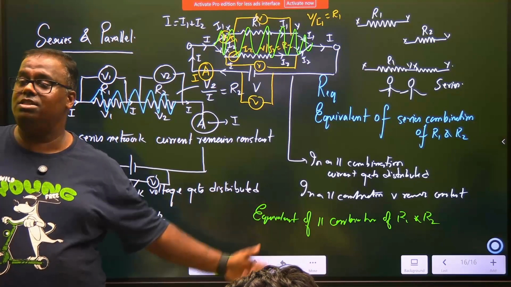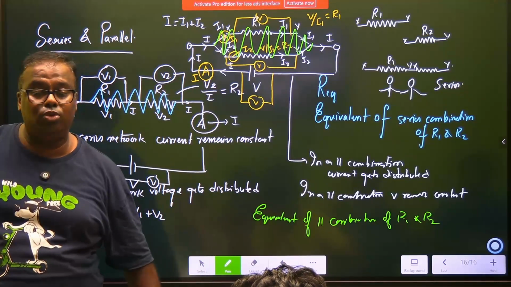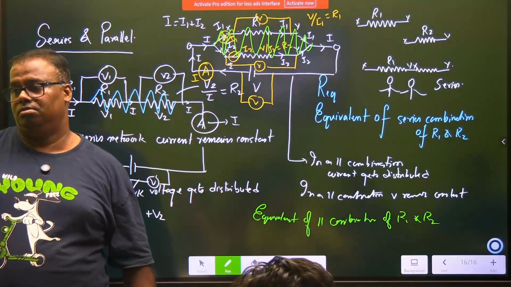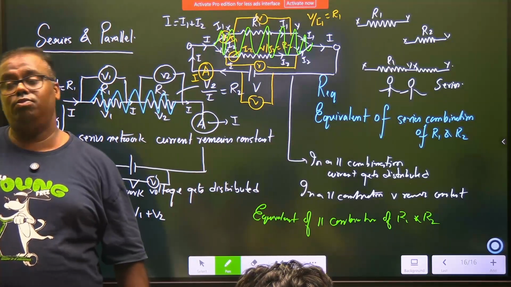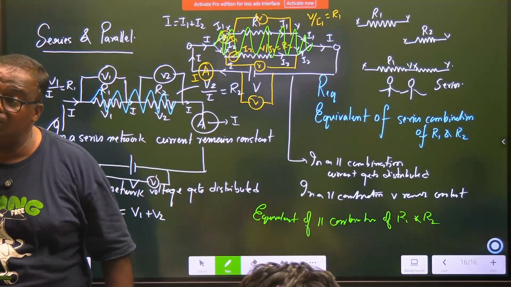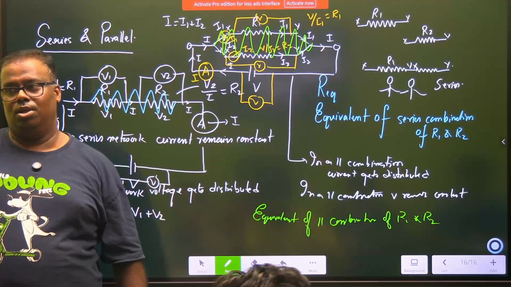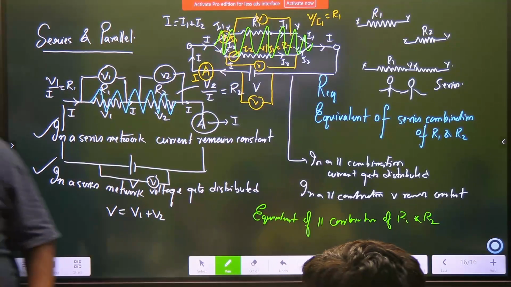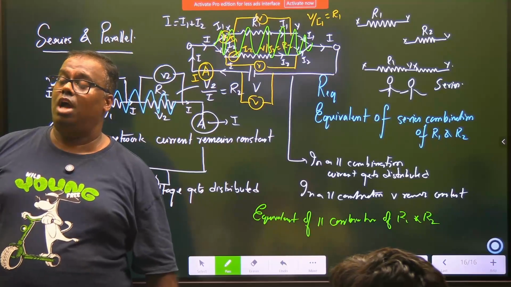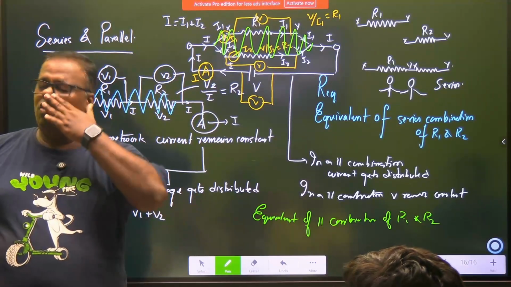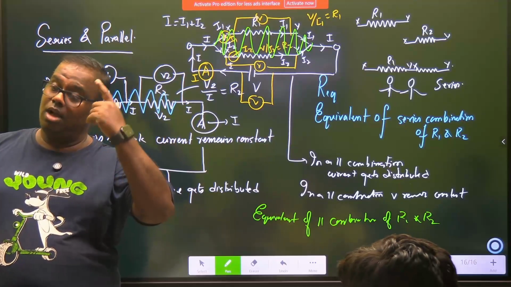Sometimes you may design a circuit where somebody will say, sir, I need 230 ohms. Market 230 ohms is not available. But we found 115 ohms available. Can they be used? We have to see. Or I need 115 ohms, but the market has only 230 ohms.